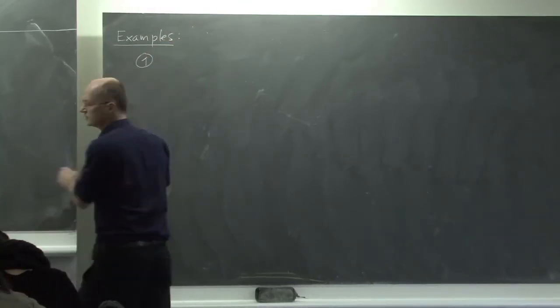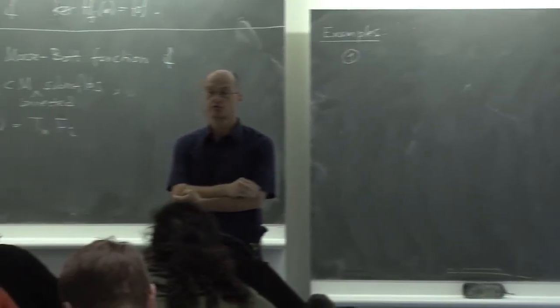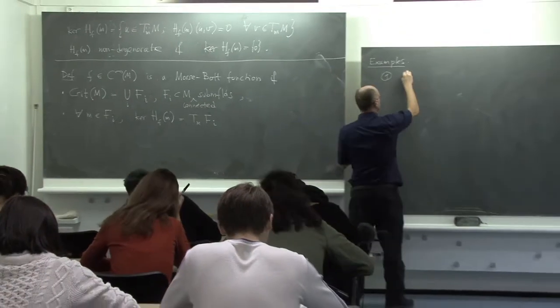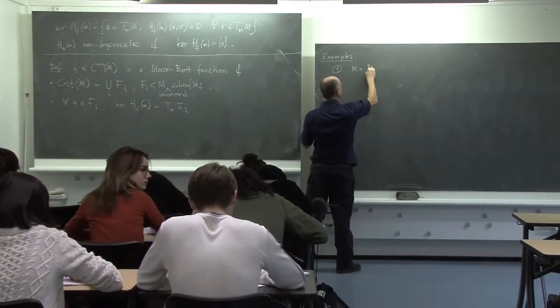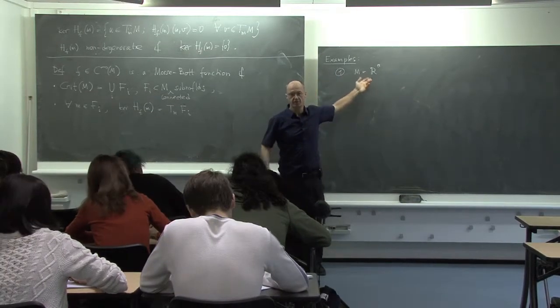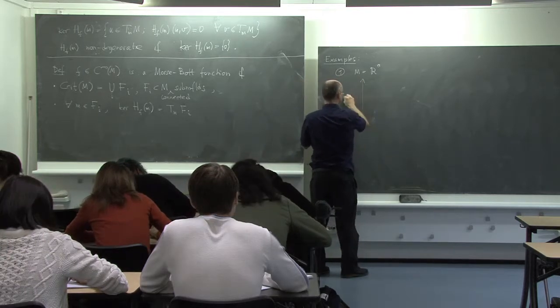So one example is not a true example because I want to give you an expression for some function in a local chart. So I take M to be R^n. This is not a compact manifold, but I'm thinking of some local chart.